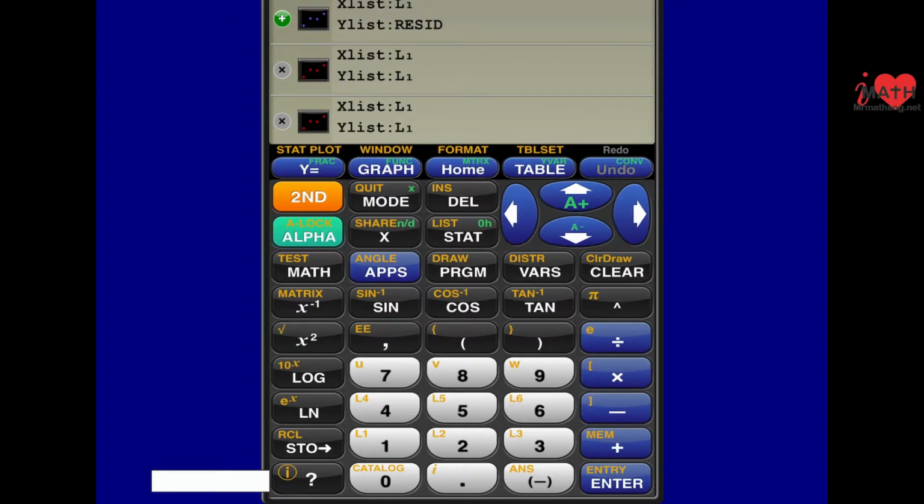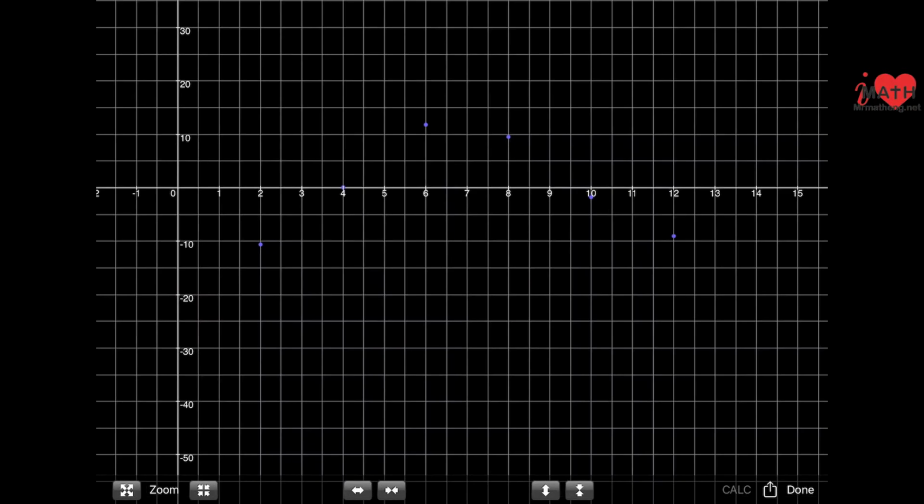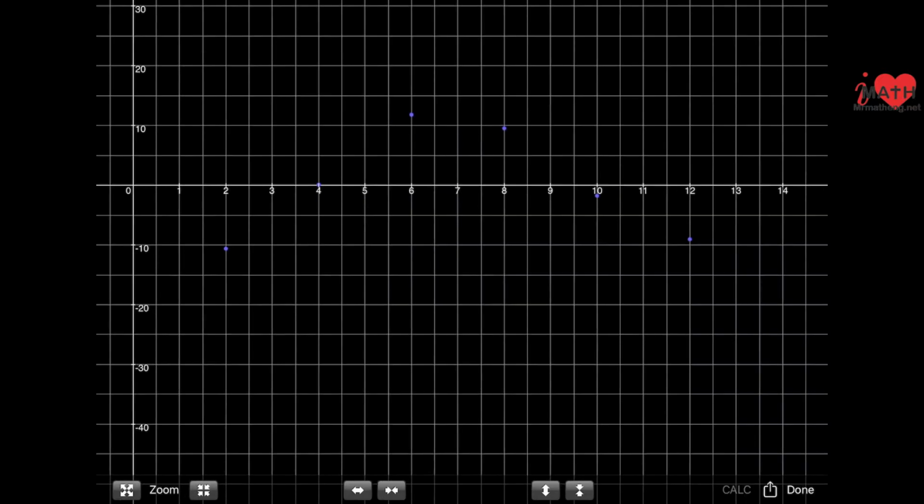Normally there's a zoom button that's in the middle, but we don't have that on this fake TI graphing calculator. So I'm just going to press graph and see what happens. Okay. All right, there is my graph of my residual plot.